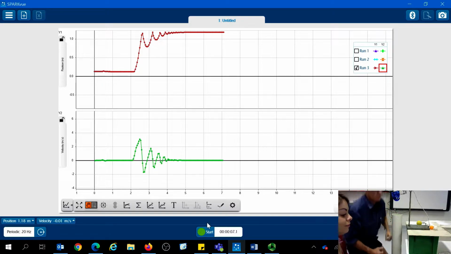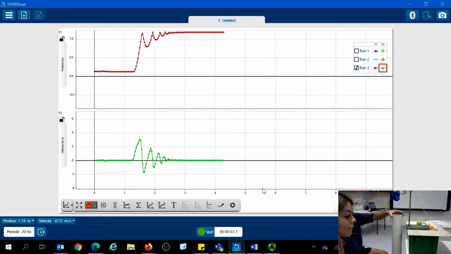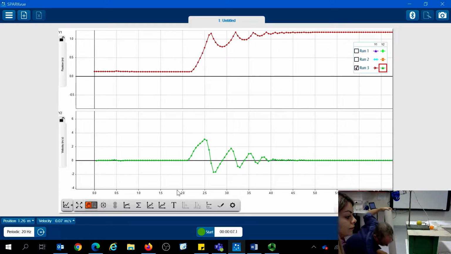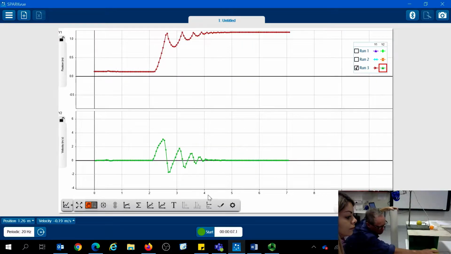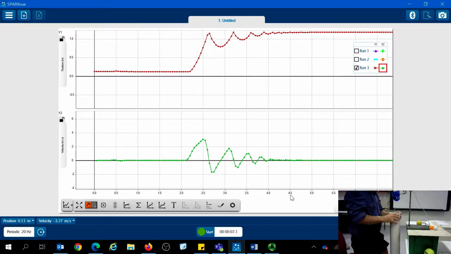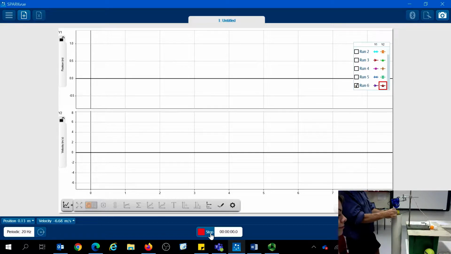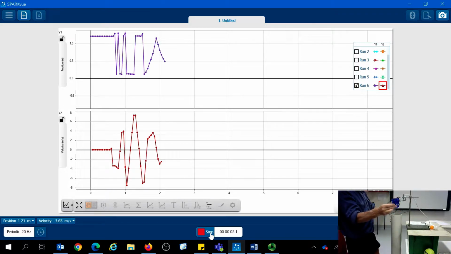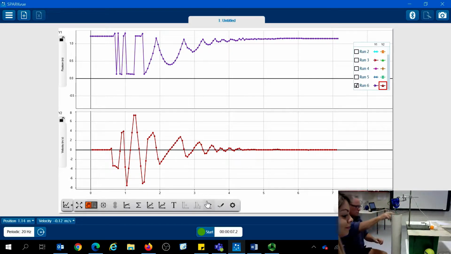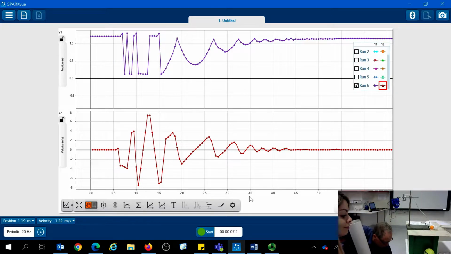So that was the big green ball. We'll try it with a smaller yellow ball. Beautiful. Good. And we'll try a golf ball.